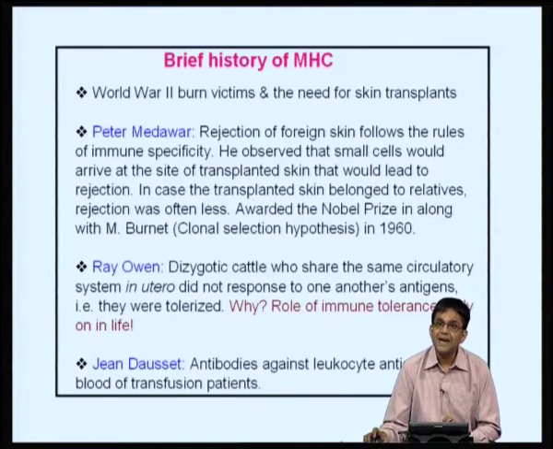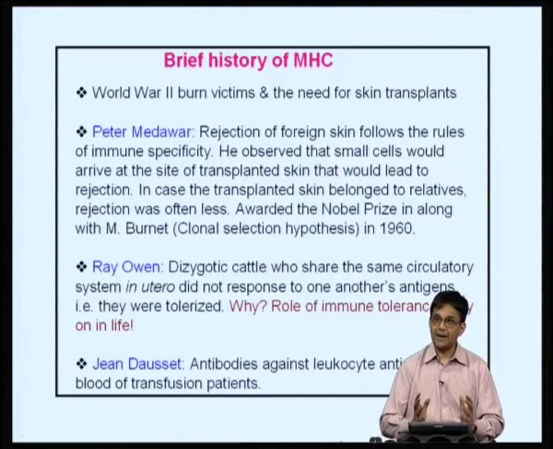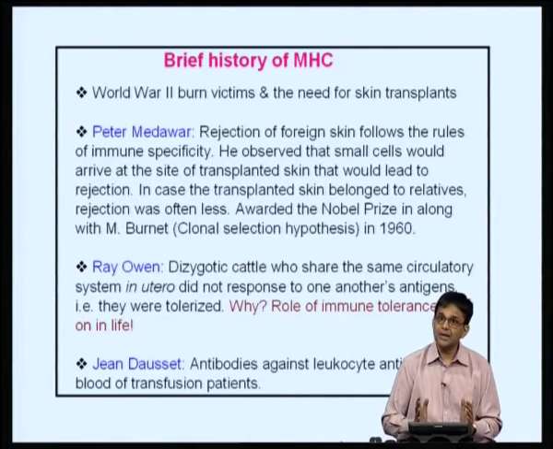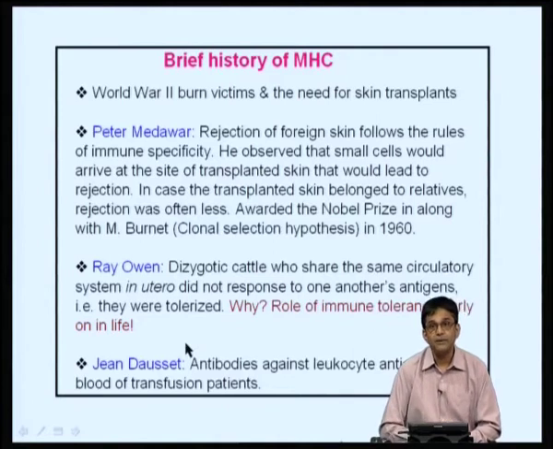What he found is that in cattle, that is in cows, if the cattle gave birth to dizygotic twins who shared the same circulatory system in utero, they did not respond to each other's antigens, in other words these twins were tolerized to each other's antigens. Usually that was not the case, but in the case of dizygotic cattle who shared the same circulatory system, this happened.